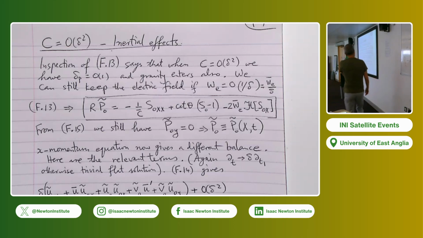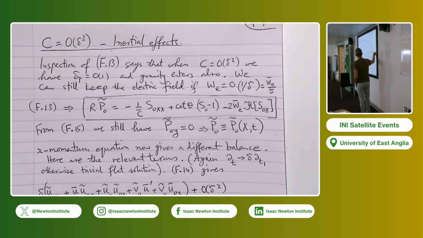So in a case like this, as we saw previously, where I was working out the delta P, if the capillary number is delta squared, then the surface tension term was order 1. It was delta squared over capillary S double prime something. So that means the delta P is order 1, and then my normal stress balance will give me this condition.